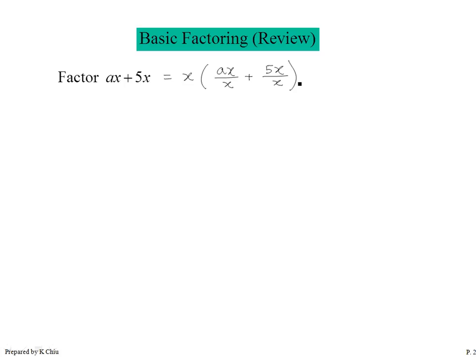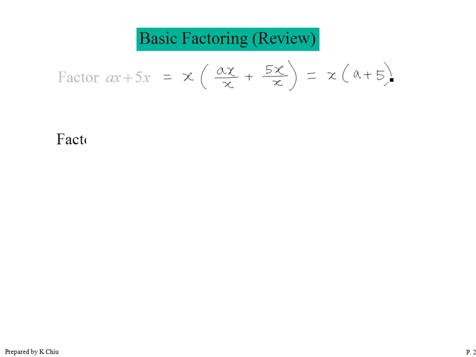This x and that x will cancel out, so you have 5x left. So indeed, factoring in this case is kind of like the reverse process of the distributive property. We want to factor out the x, and the leftover would be the original terms divided by the x. So that would give me x times parenthesis a plus 5.